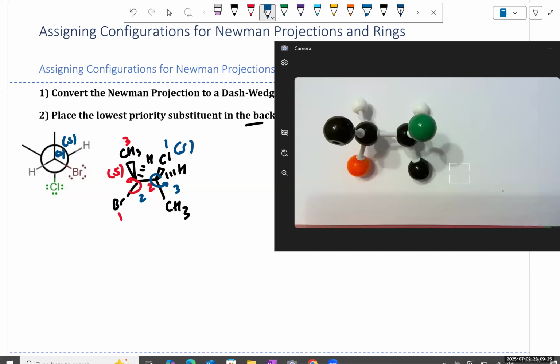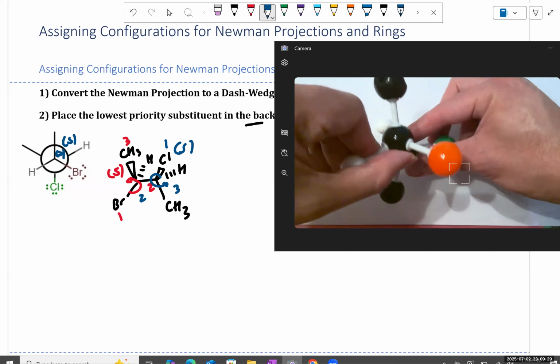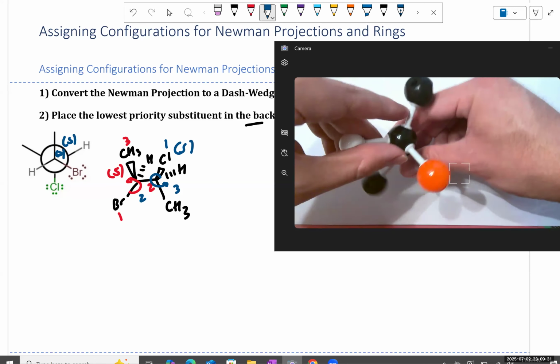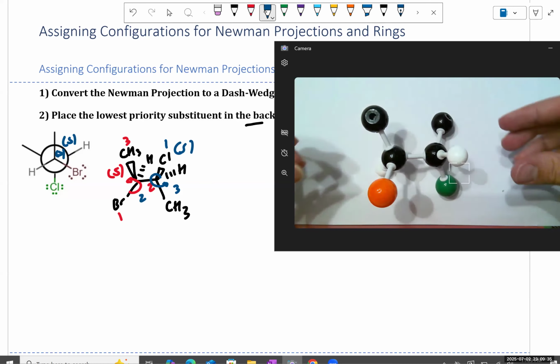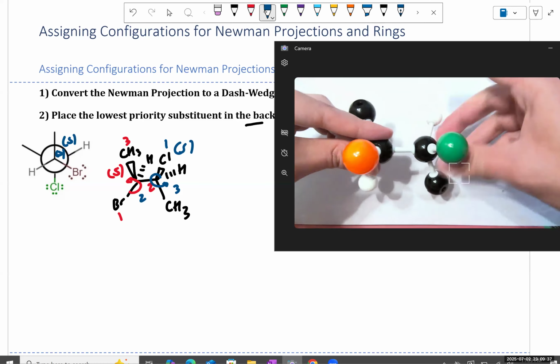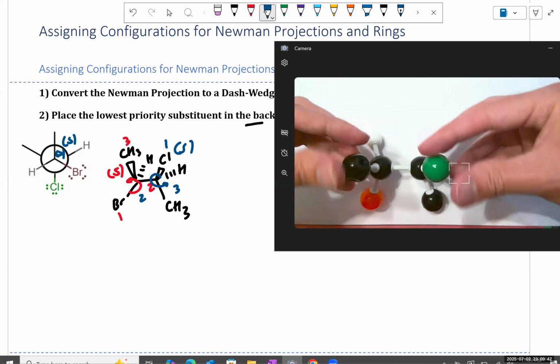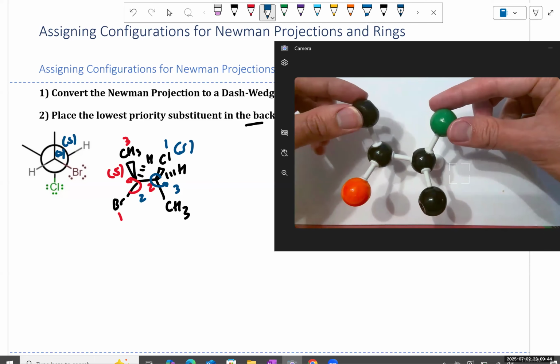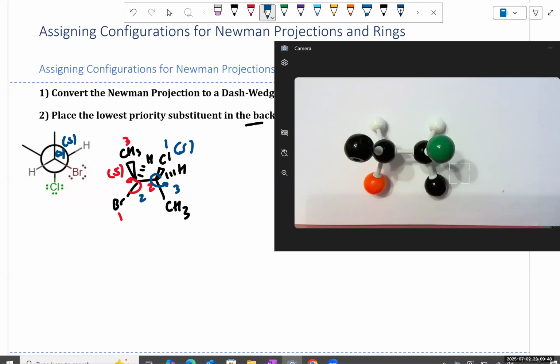Again, just to show the process, you start with your Newman projection view. Now what you do is you rotate your molecule, and then you rotate your bond so that both hydrogens are placed in the back, as we can see from this view. Okay, let's now work on this next example.